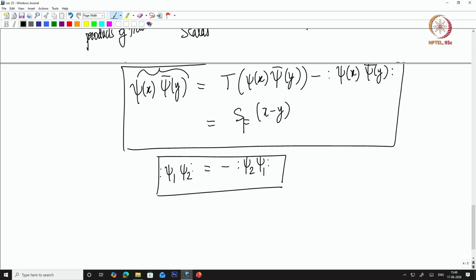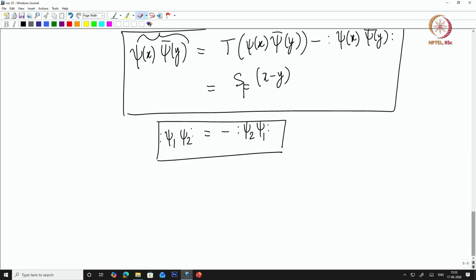Except for the interchange of fermions always picking up a minus sign, which will be important, as we will see later on for various other calculations also.